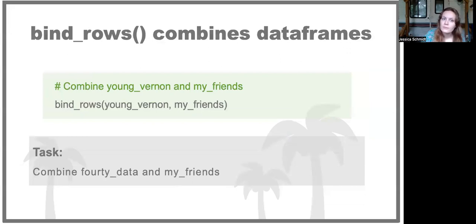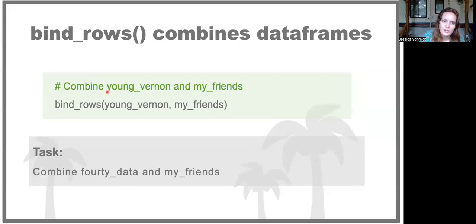Okay, new function, bind_rows. Sometimes we want to combine our data sets. And of course, dplyr has us covered like it does with everything else. This can be done with the function bind_rows. So bind_rows is combining two data frames.